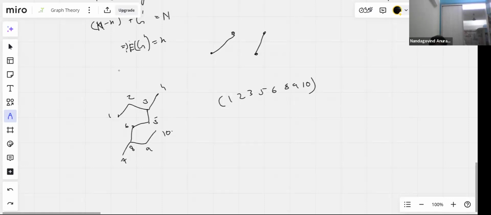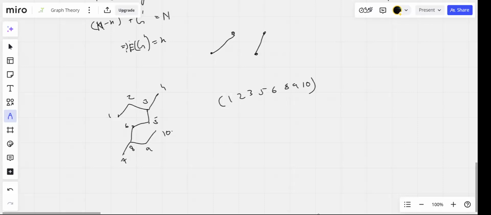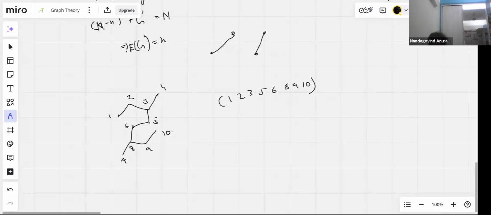So consider how we can use the fact that it's a connected graph. You know that it's connected to one, you know that it's connected to four. I can't hear you because there's some noise. Wait, let me see if I can reduce the background.